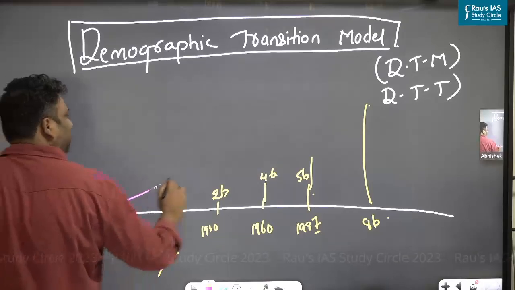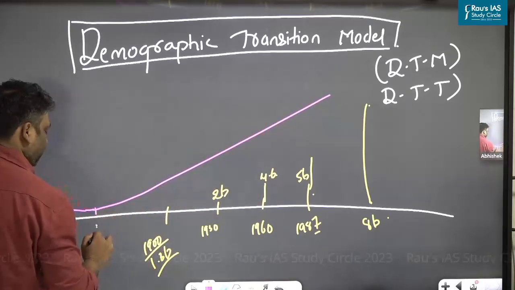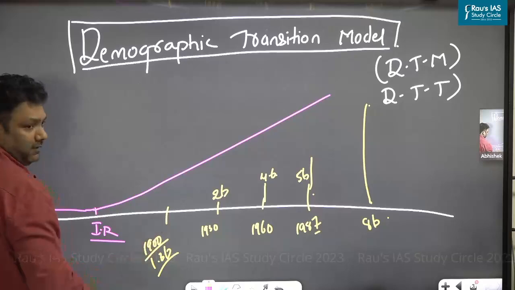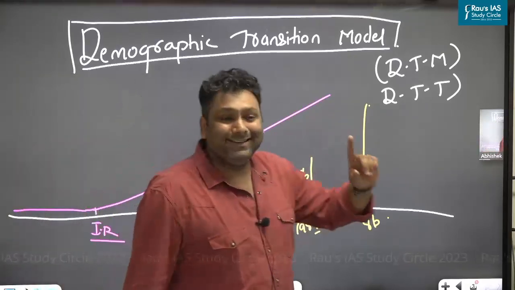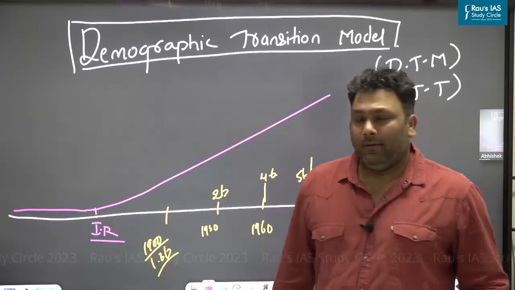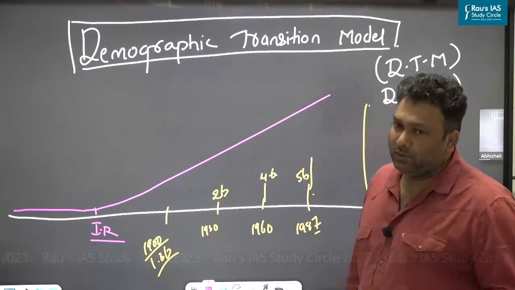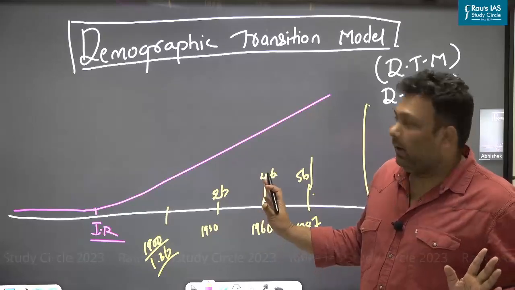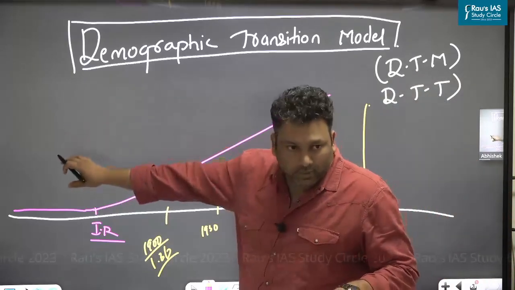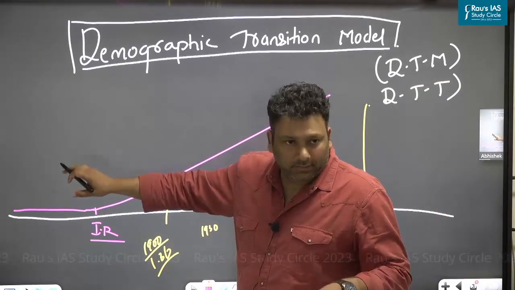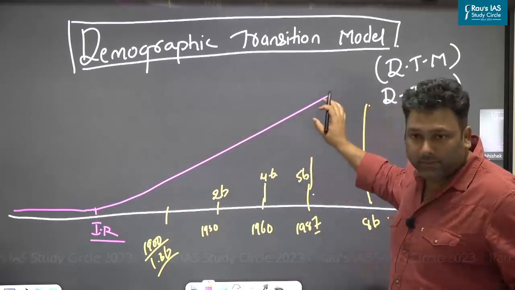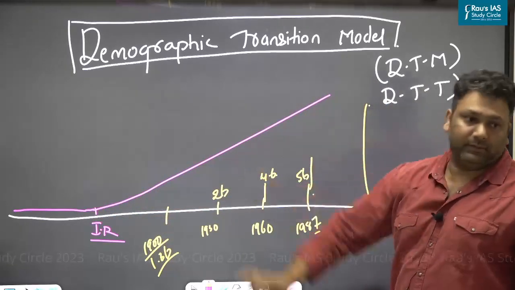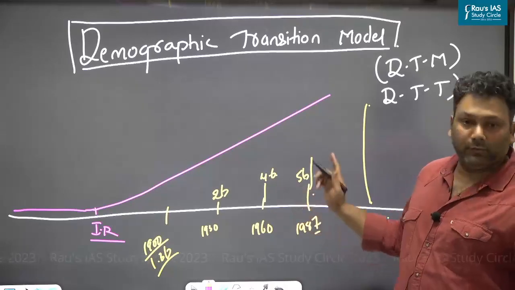Only after the industrial revolution did the population start increasing. This demographic transition model talks about how we have moved from high birth rate and high death rate to low birth rate and low death rate.